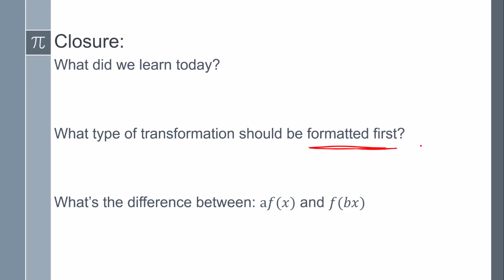And then what's the difference between this letter in front of our function versus this letter inside of our function? This is the vertical stretch or shrinking. And this b right here, this is the horizontal stretch and shrinking.